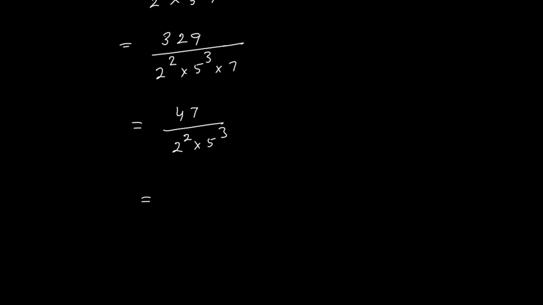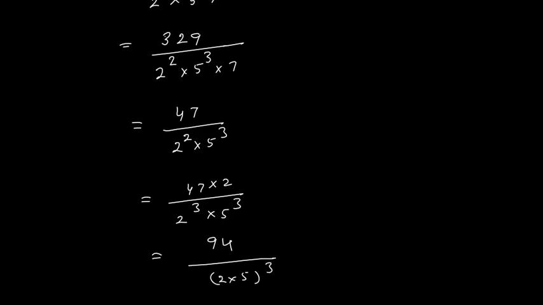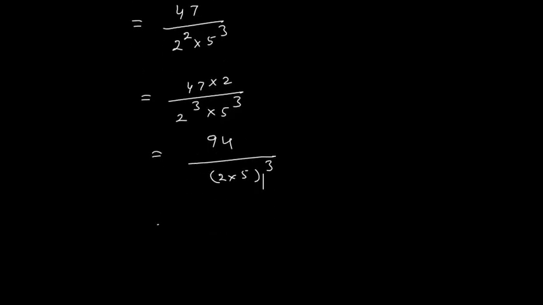We multiply and divide numerator and denominator by 2, so that I have 2 power 3 in the denominator into 5 power 3. So the numerator becomes 2 7s are 14, 2 4s are 8, 94, divided by 2 into 5 whole power 3. So 5 2s are 10, and this is 94 divided by 10 into 10 into 10, which is 1000. So this is 0.094. So without actual division we have given the answer.